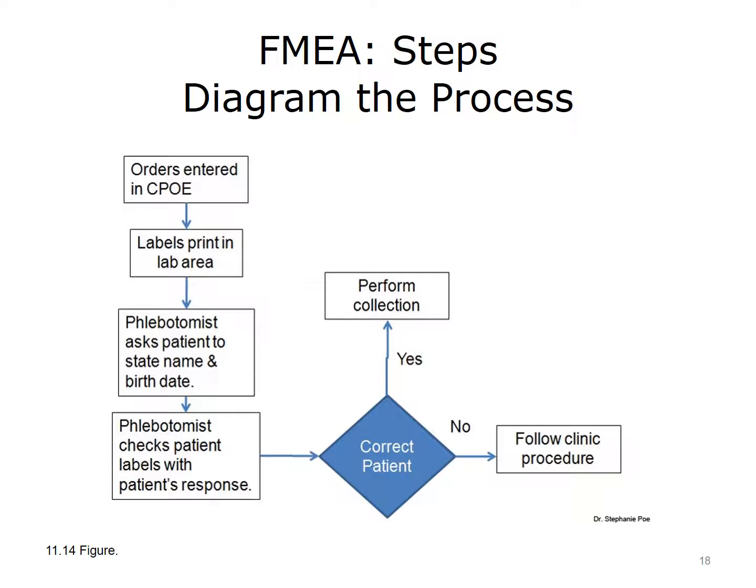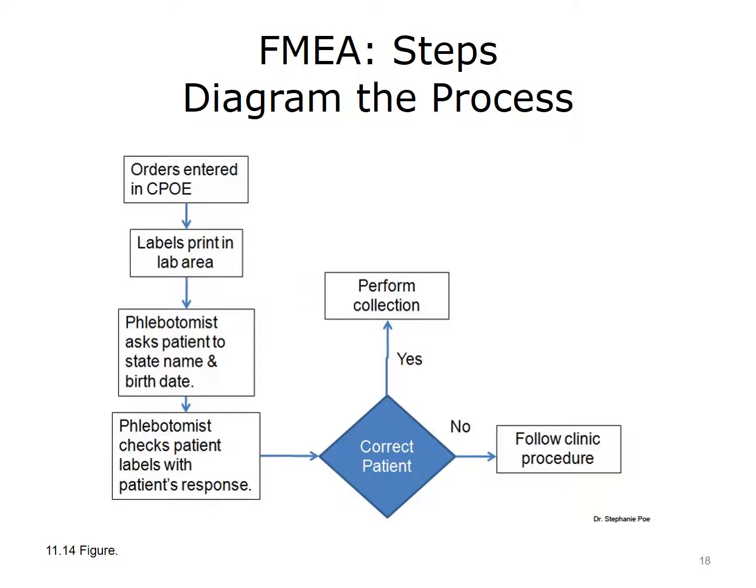This is connected to a diamond that reads "correct patient." If the answer is "yes," it connects to a box that reads "perform collection." If the answer is "no," it connects to a box that reads "follow clinic procedure."